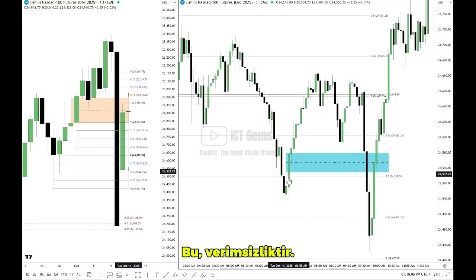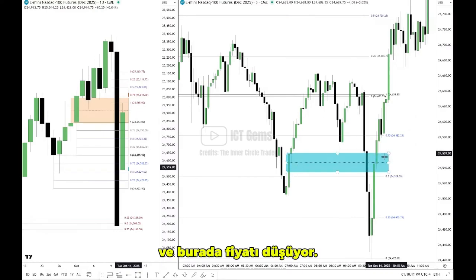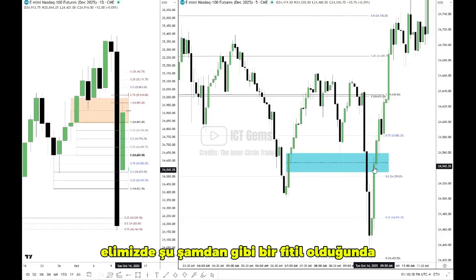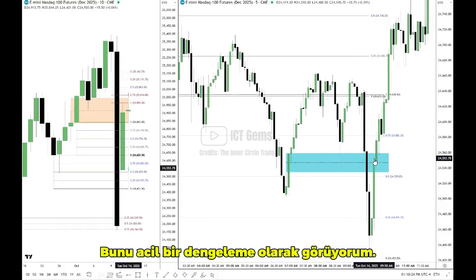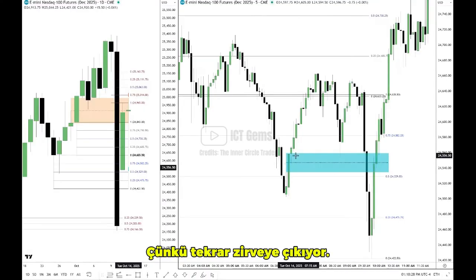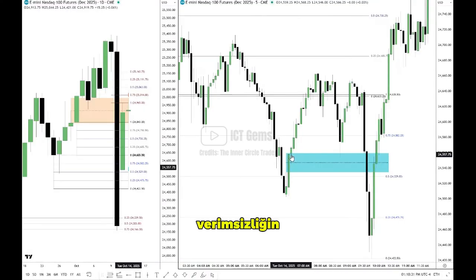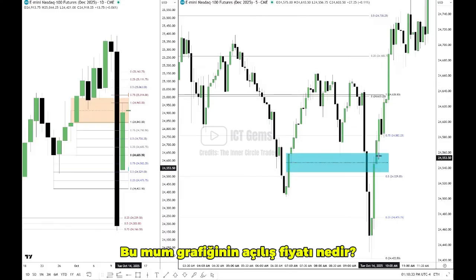This is the inefficiency that you see on the 5 minute chart. And it trades down into it here. When we have a wick like this candlestick here and this right there, whenever it's an old inefficiency, I look at this as immediate rebalance. It's immediately rebalancing because it's going right back to the top of the inefficiency, which is this candlestick's opening price here.